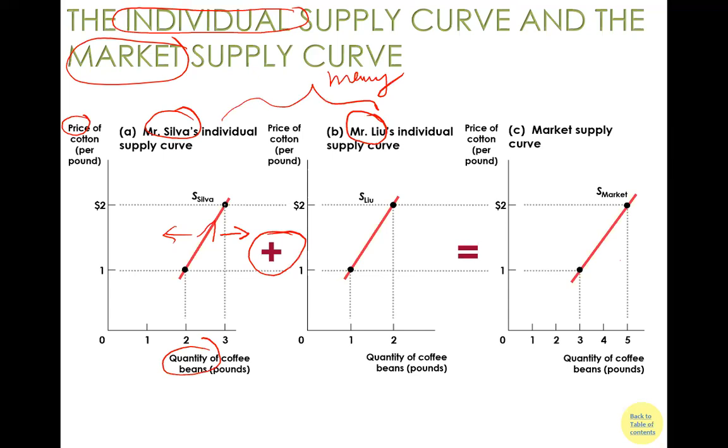So we take them together, we aggregate them together, and we get the market supply curve. This market supply curve preserves the properties we just discussed, meaning they are going to respond to different changes, including price, expectation, technology, and so on and so forth.